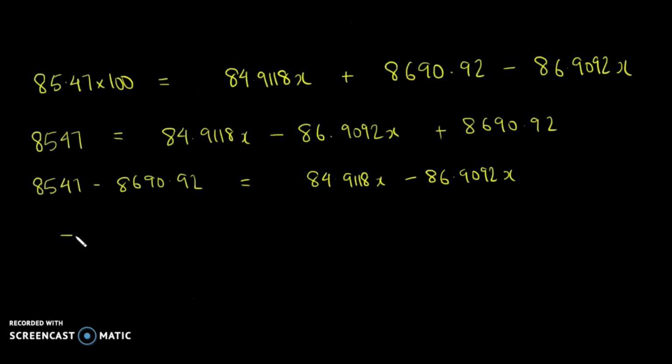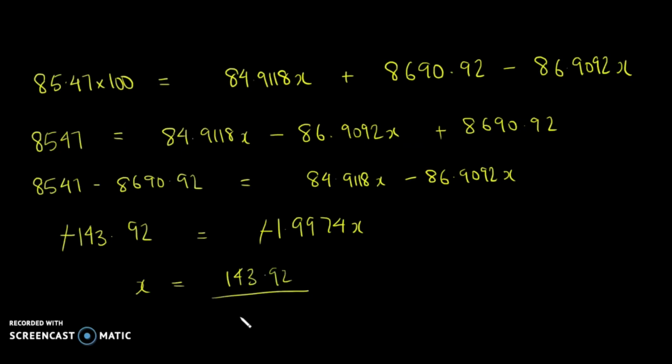So we get minus 143.92 equals minus 1.9974x. So the negative signs get cancelled, and we get x equals 143.92 divided by 1.9974, which equals 72.05%, right?